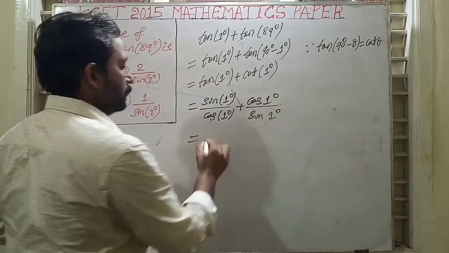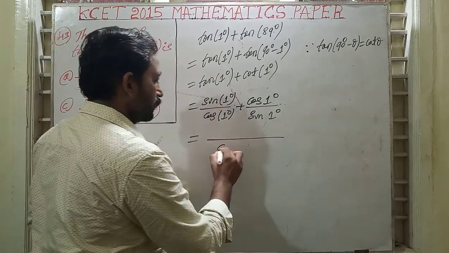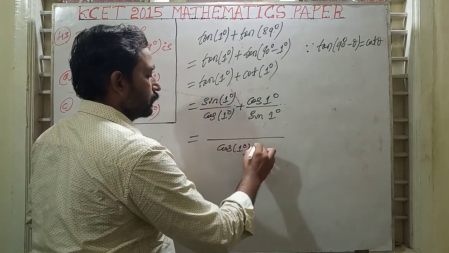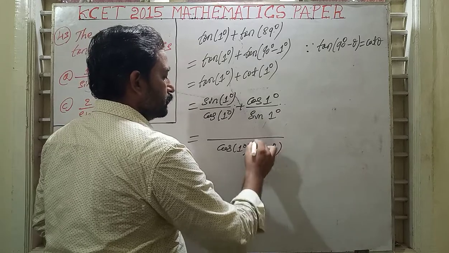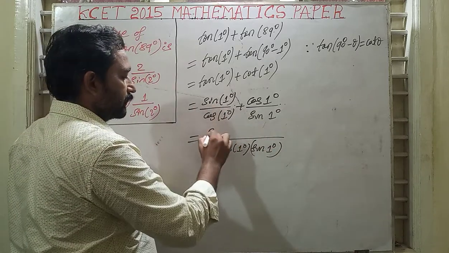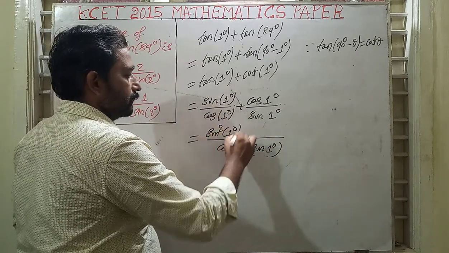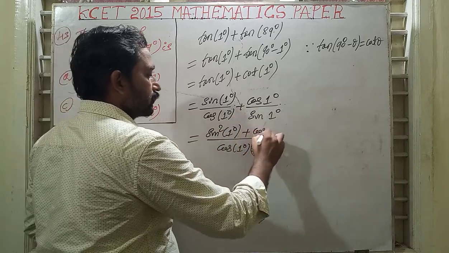Now take the LCM, cos 1 degree into sine 1 degree. In the numerator, sine into sine, sine square 1 degree, plus cos into cos, cos square 1 degree.